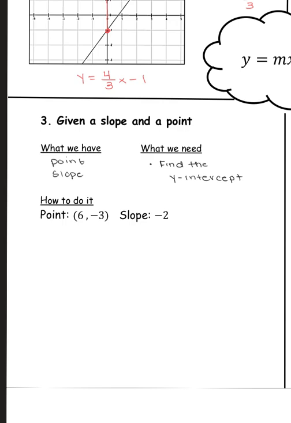We're going to use a formula that is called point-slope form. Point-slope form is y minus y1 is equal to m times x minus x1.